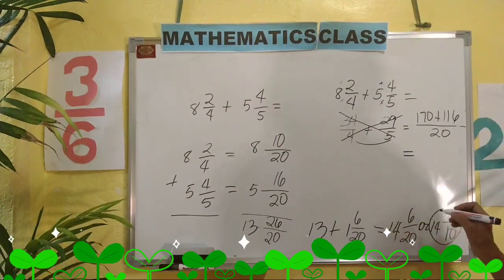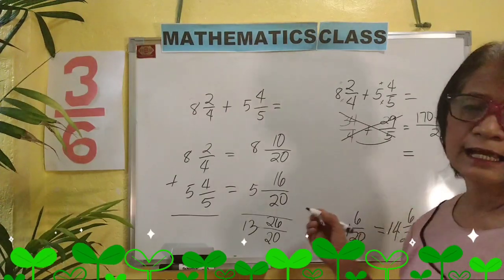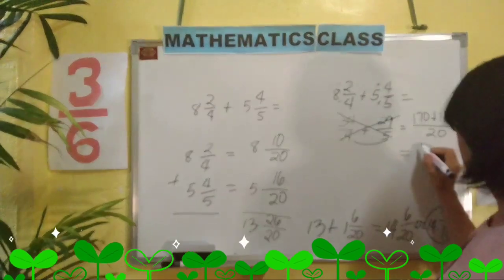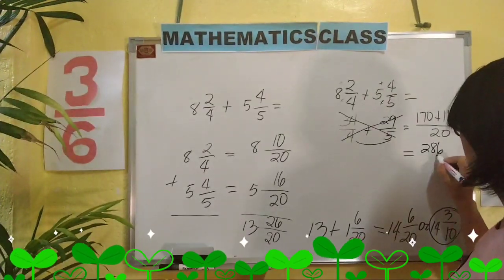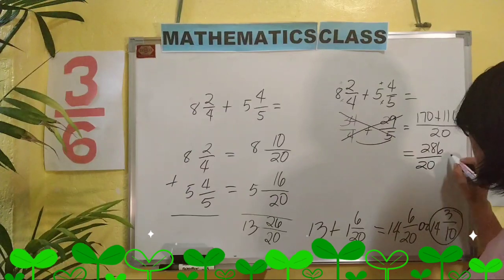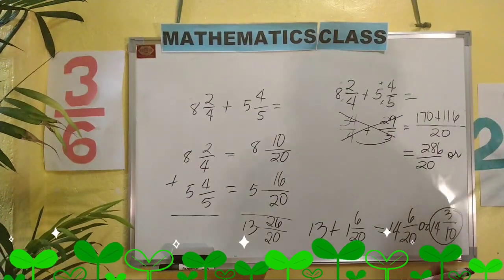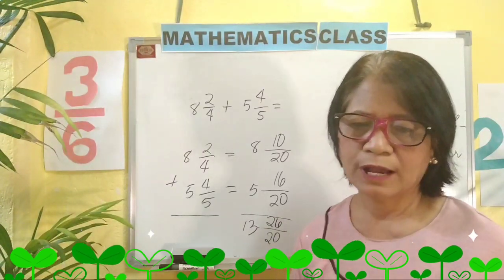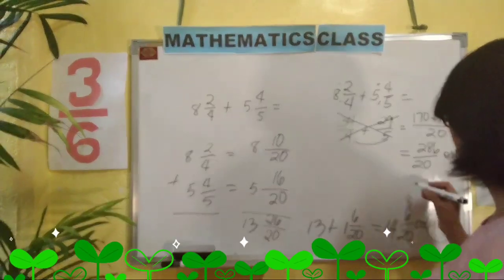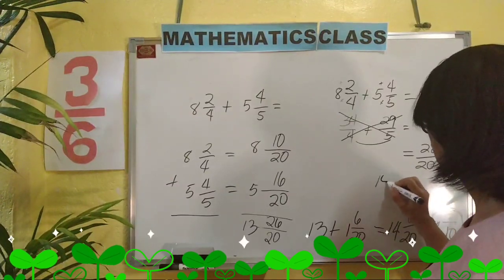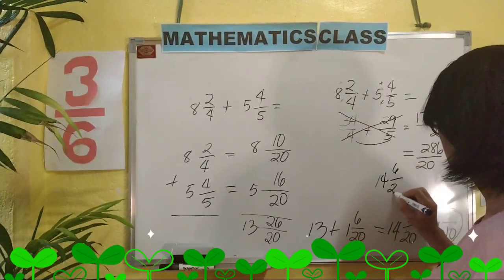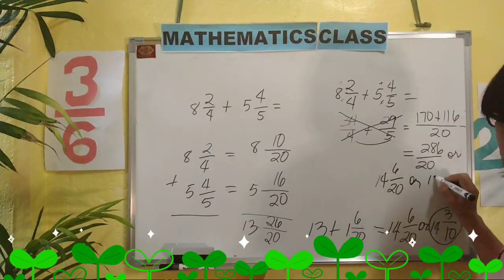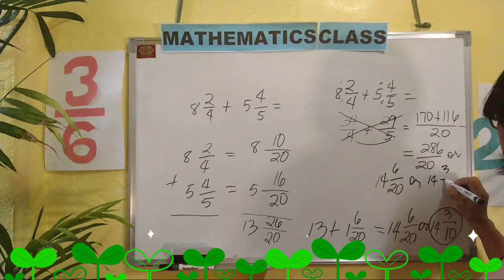Equals 286. 286 over 20, or 286 divided by 20 equals 14 and 6/20. Simplify into lowest term. That is 14 and 3/10.